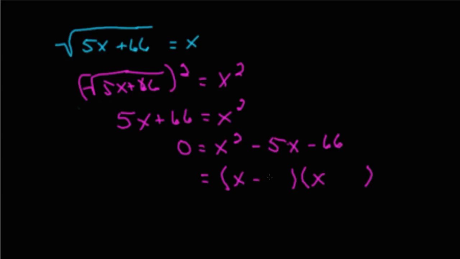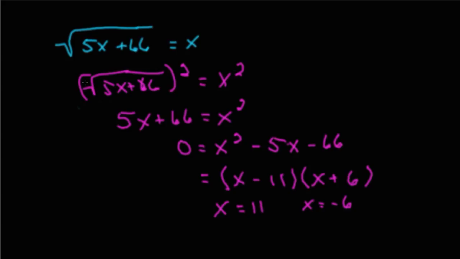Well, that'll be a negative 11 and a positive 6. So negative 11 times x is minus 11x, plus a positive 6x, gives us a negative 5x. So our possible solutions are x equals 11 and x equals negative 6. Well, now we've got to check that out and make sure this is actually true.